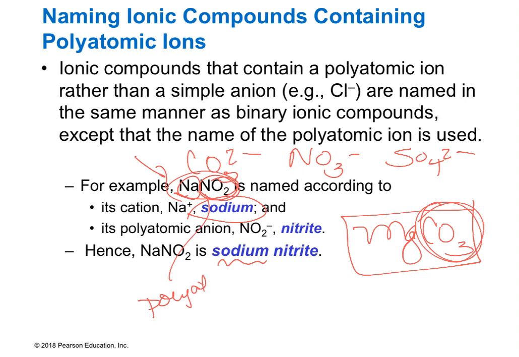That's really important because I always end up with some students that try to name this glob as individual atoms. They'll say like, well, sodium dioxo, no. As soon as you identify you have a polyatomic instead of a binary, you need to know the name of that. And so it happens to be nitrite. Again, that's just committing to memory.